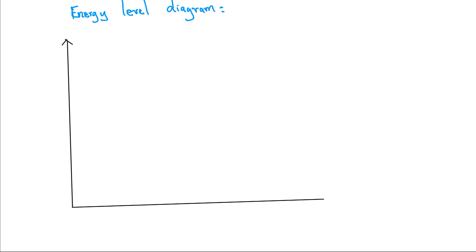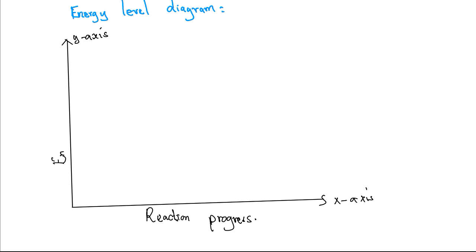So this is the y-axis, and the x-axis. We have reaction progress or reaction path. Then this is enthalpy in kilojoule.